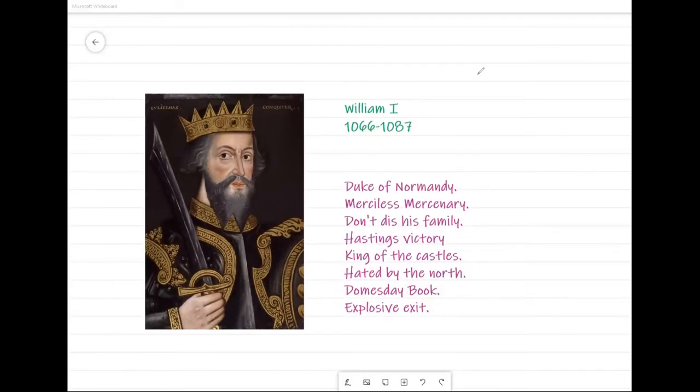You also, the people of Normandy, have learnt not to disrespect William. He doesn't like it when you talk about his mum. Mums are very important in history, as you can imagine. Now, William's mum, unlike his dad, who was the Duke of Normandy, was just a normal peasant woman.